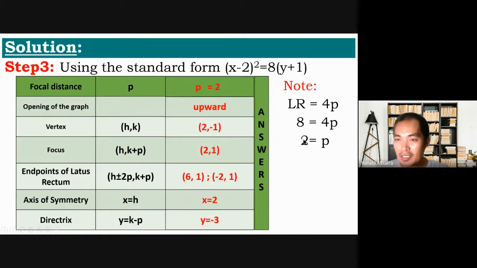So negative 1 minus 2 is negative 3 equals y. Take note, ang axis of symmetry and directrix are equations. Linear equations. While vertex and focus and endpoints of latus rectum are coordinates. Okay, malinaw po? I hope so.